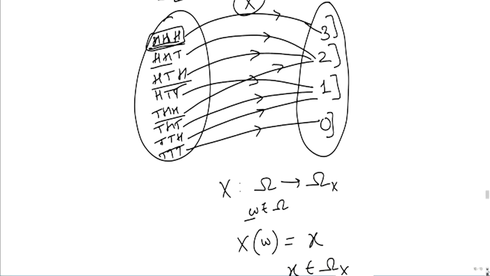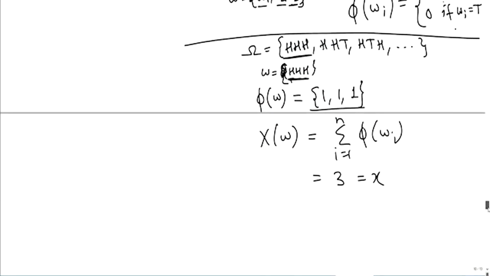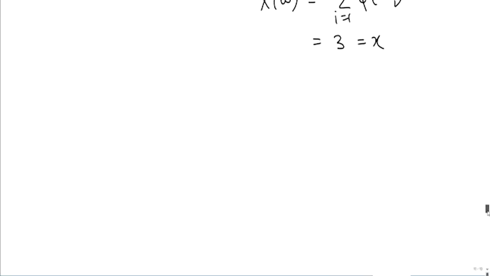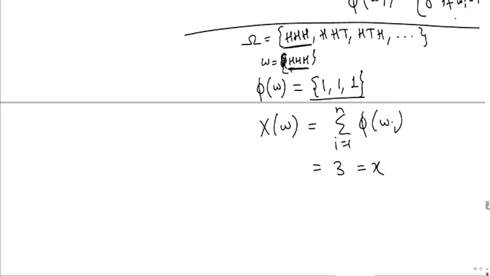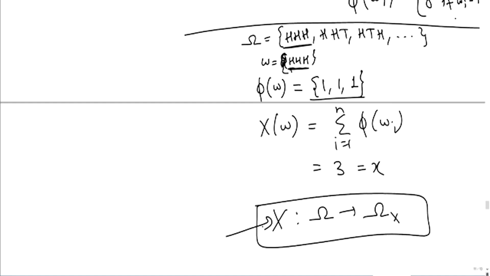So, I have showed how you can write the function mathematically, but intuitively what it means is that you are counting the number of heads. You can have a different function that just counts the number of tails. This function X which maps omega to omega x, this function X is called a random variable.